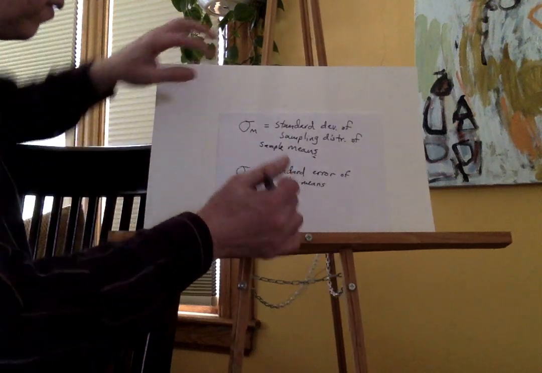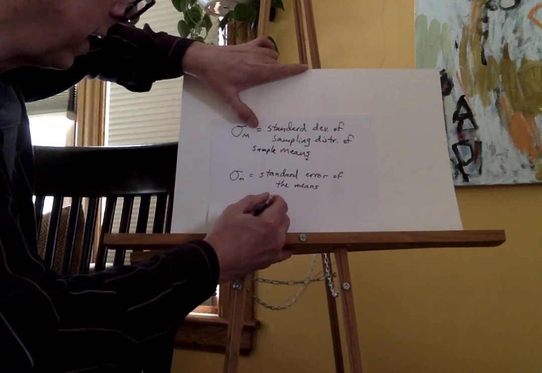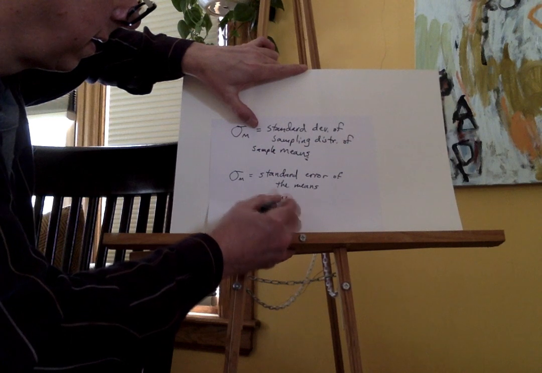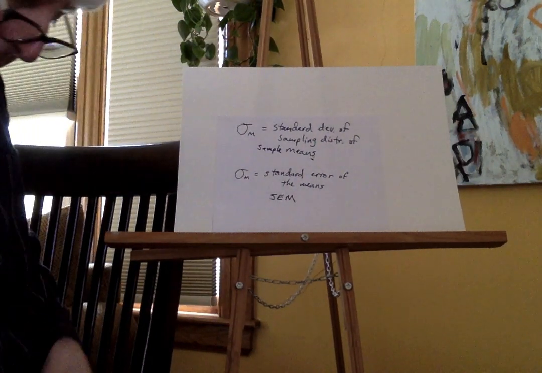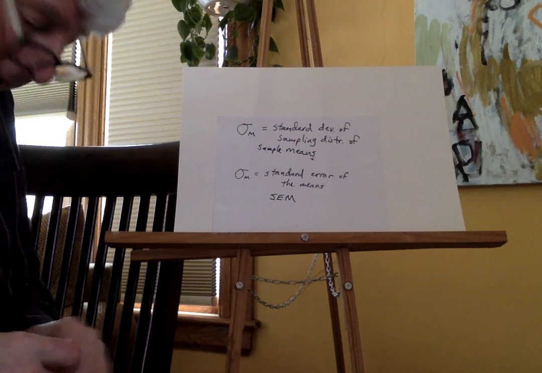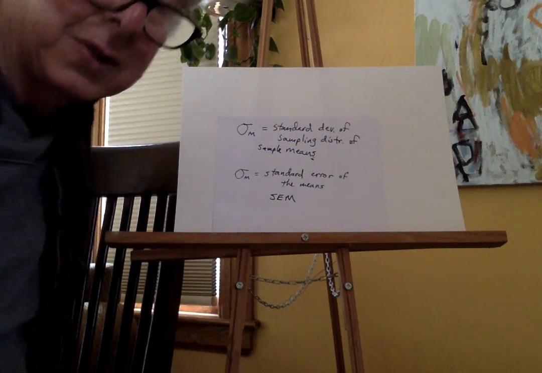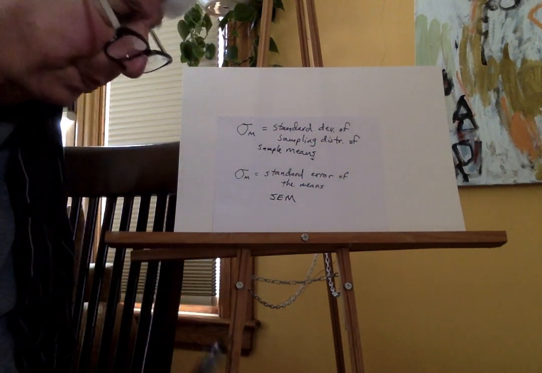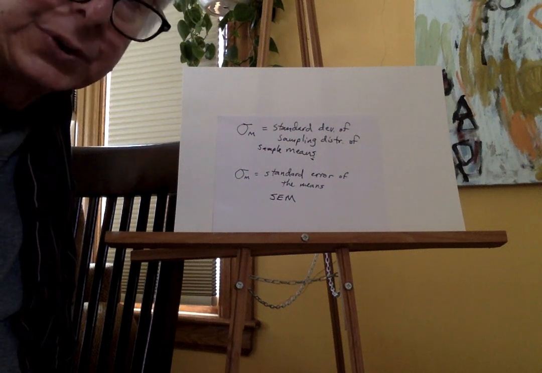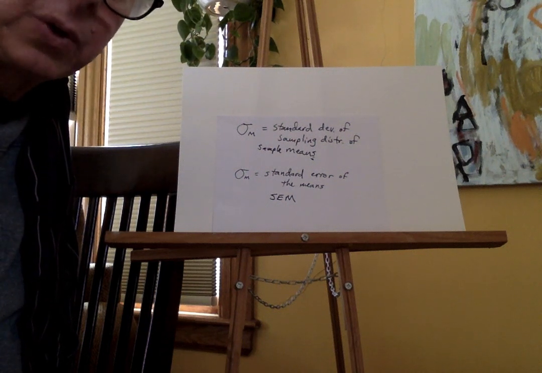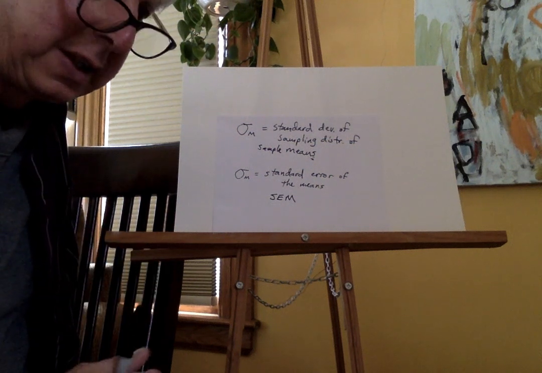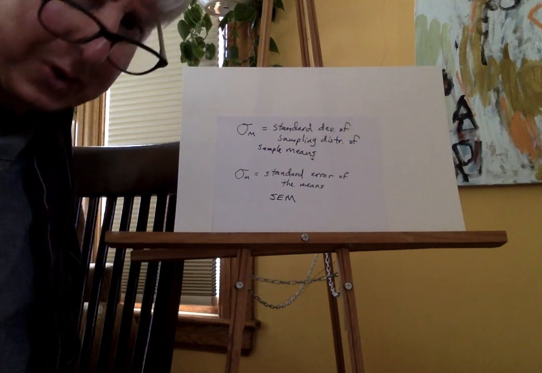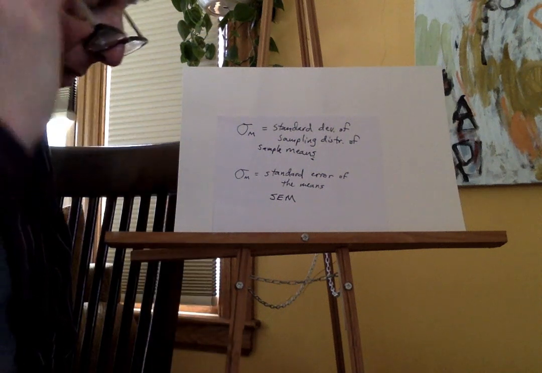This is often abbreviated as SEM, the standard error of the means. And a lot of you are familiar with this. If you read political polls, they'll say the president's approval rating is at 51%, or whatever it might be.